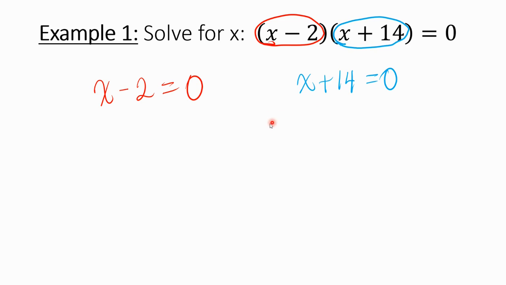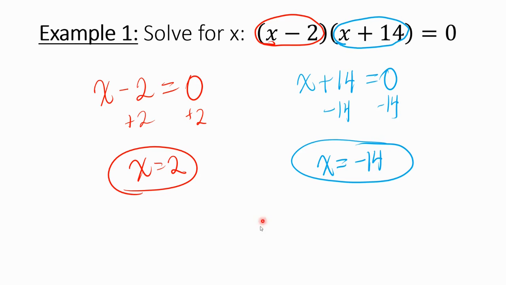Don't jump ahead real fast and accidentally say that x equals -2, because remember, you would need to actually add 2 to both sides, and you get x equals +2. And this one we get x equals -14. All right, sweet. Just like before, we get two solutions. How can you test to make sure that they're true? Well, you can test both of them by plugging them back in and making sure that it equals 0. And they both will.